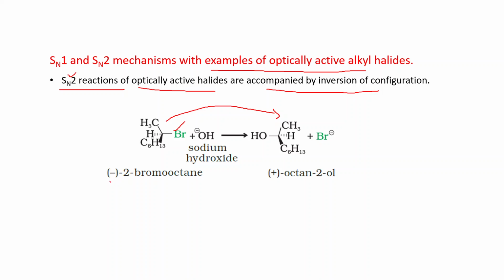This is levorotatory 2-bromooctane and this is dextrorotatory octan-2-ol. But this is inversion of configuration. Just see the arrangement of atoms around the stereo center. In this case, the Br is on the right hand side. In this case, the OH nucleophile is on the left hand side.